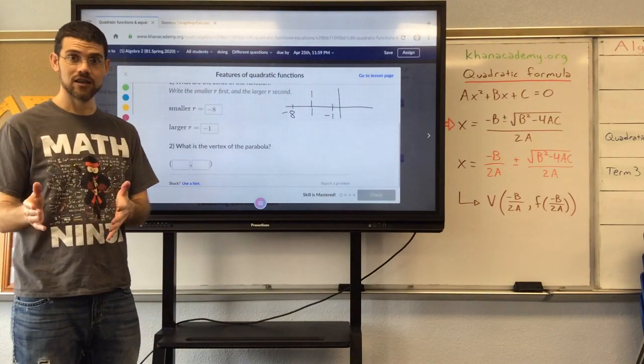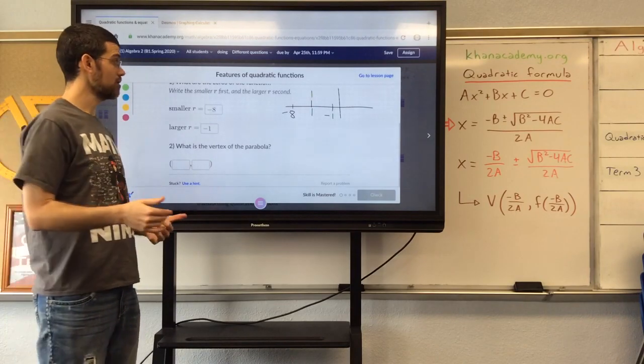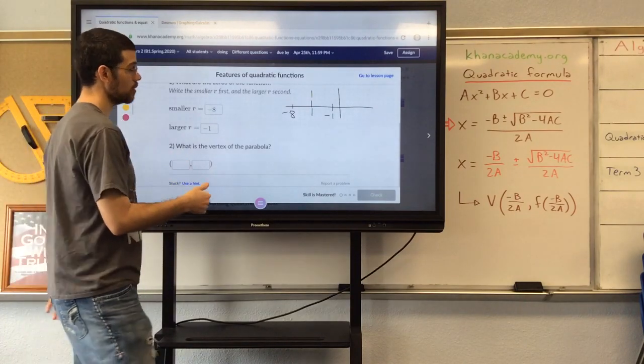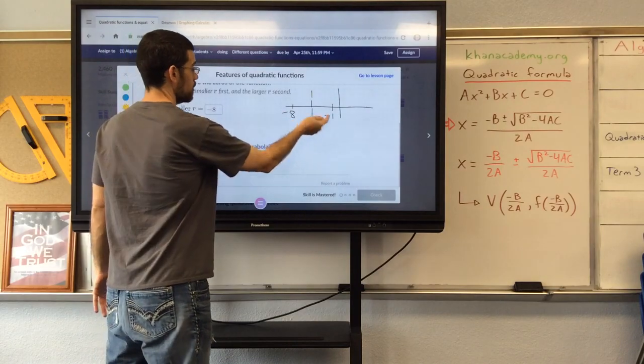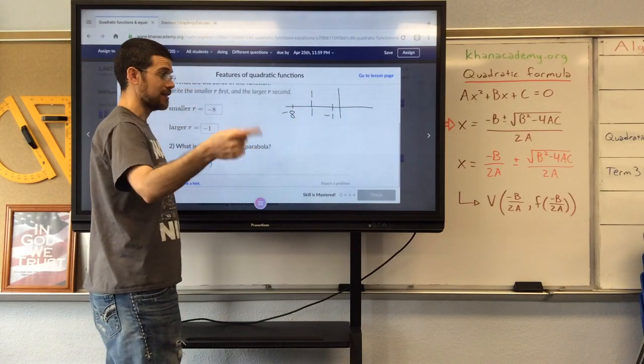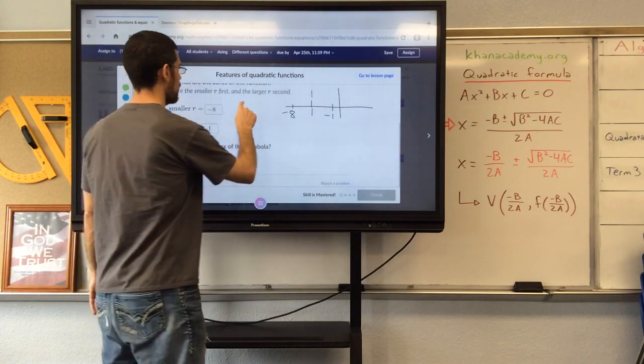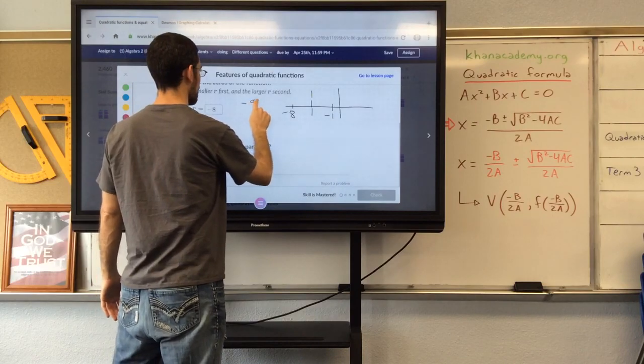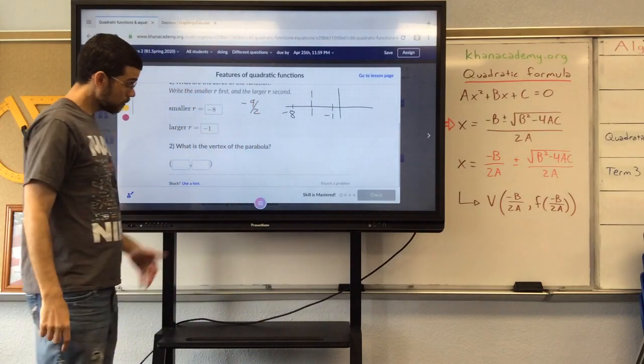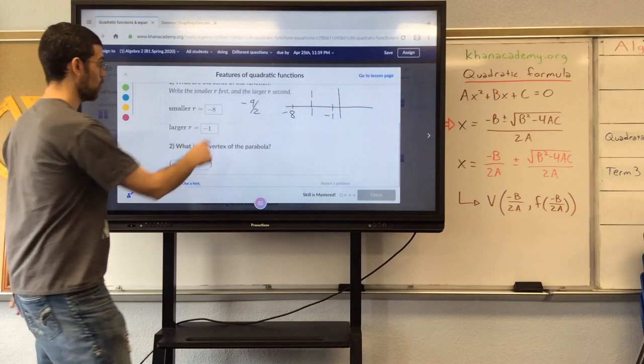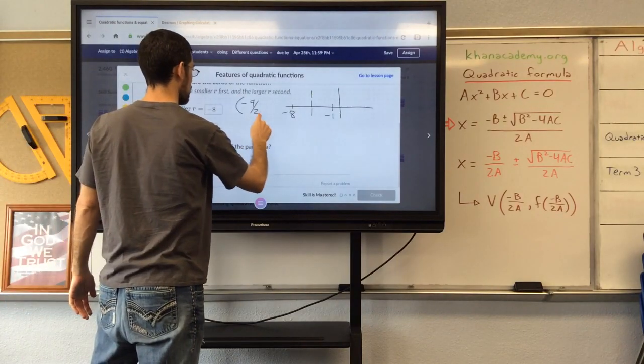We'll have the x value of our vertex. So -1 - 7/2 is -9/2. So that's our x-coordinate for our vertex.